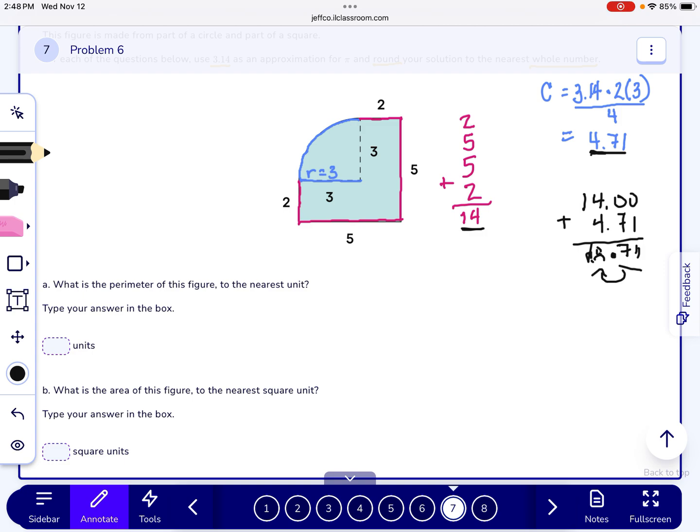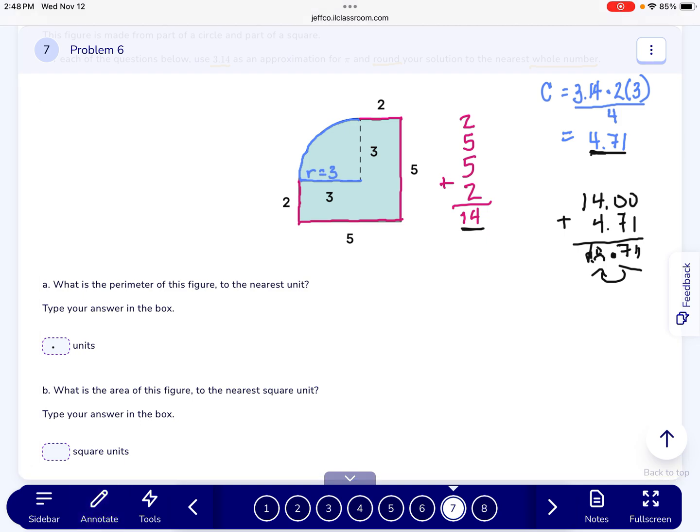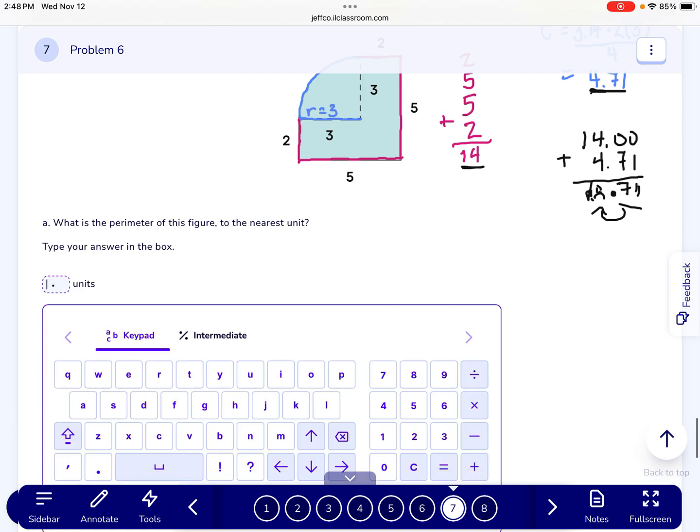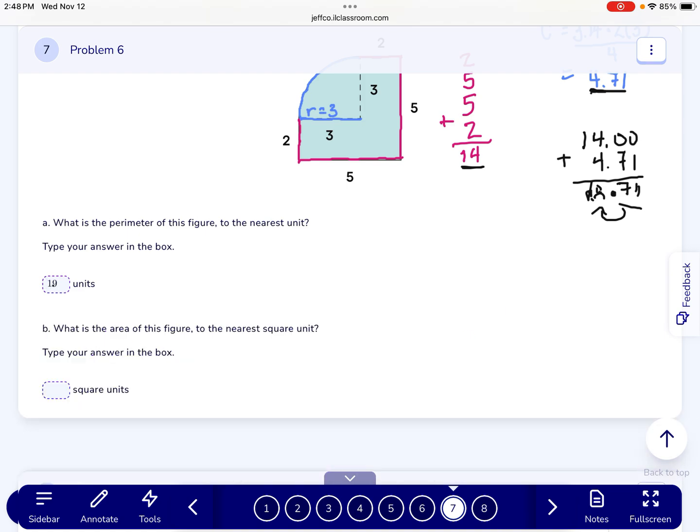So 7 is 5 or above. So that means I give 8 a shove. And so this is 19 units.